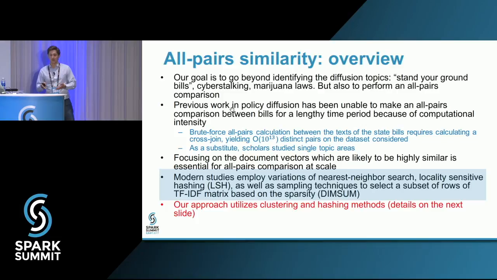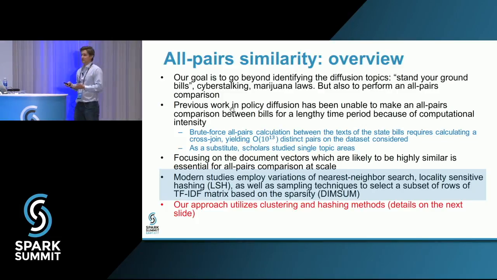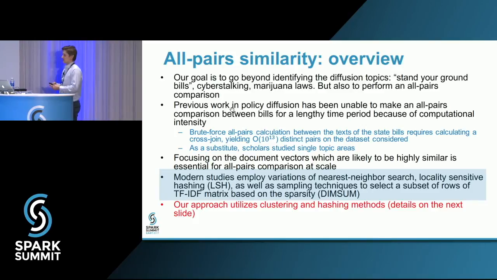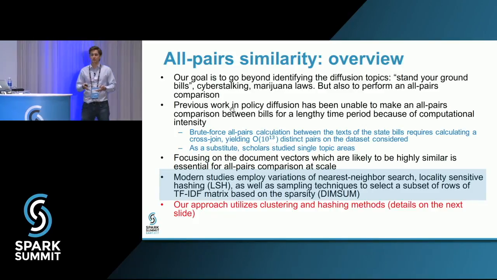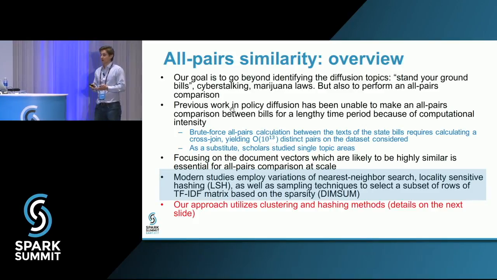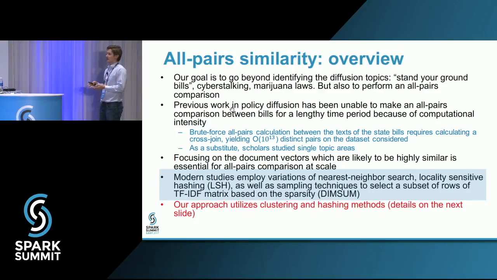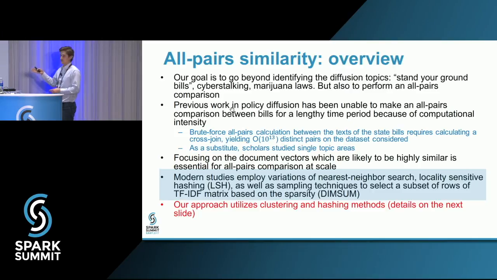This is actually a computationally intensive challenge, and the previous researchers in the field have not been able to do that. Indeed, the brute force solution is O(n squared), and for a seemingly small data set, having just 10 to the power 7 documents, the number of comparisons we are looking at is 10 to the power 13.